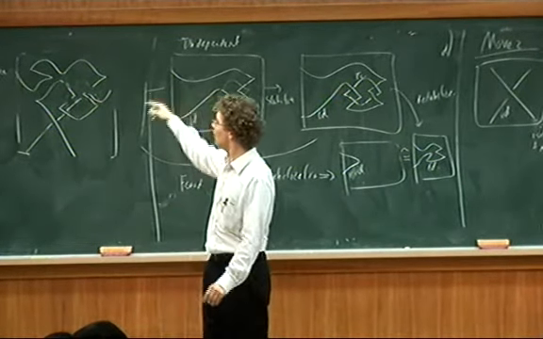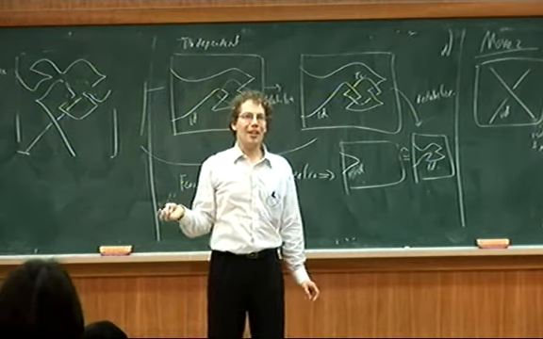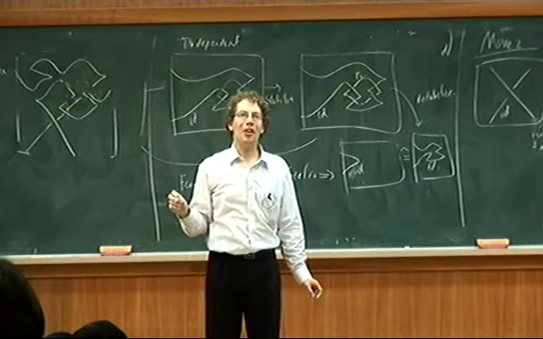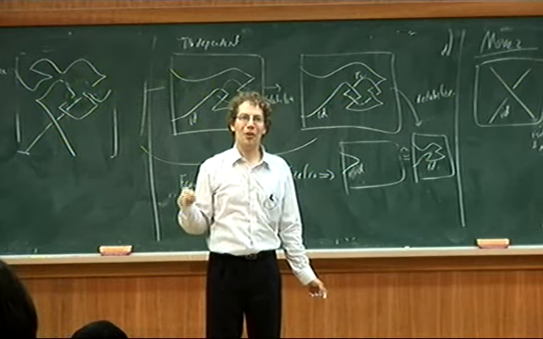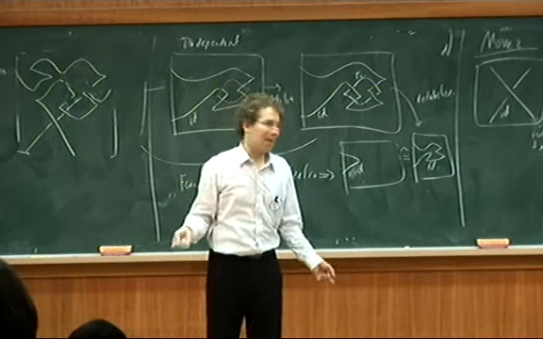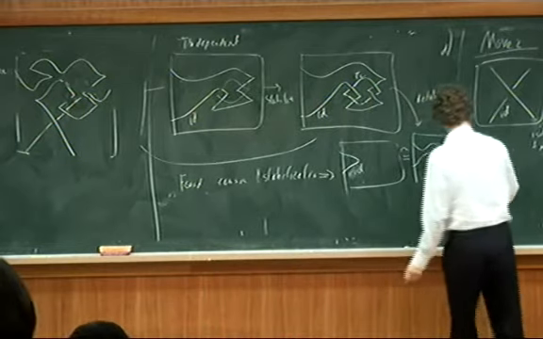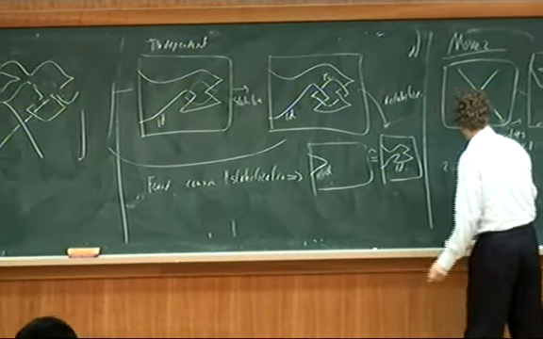So what you see is, if you do this, then if you do two-handle attachment along any Legendrian knot, the topology doesn't matter, the knot type doesn't matter.